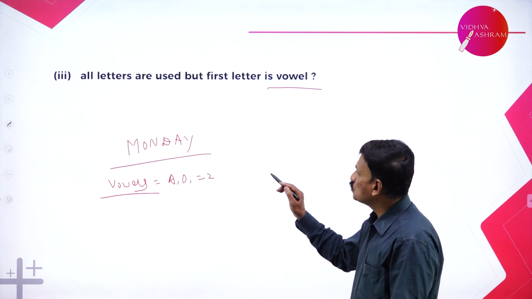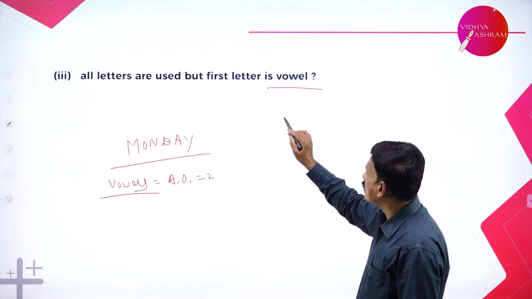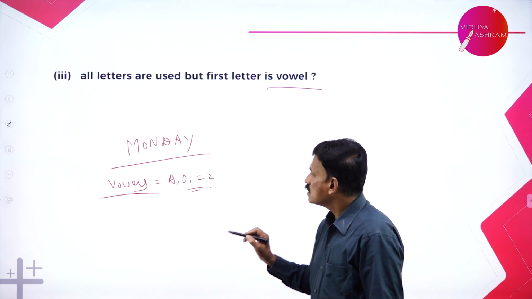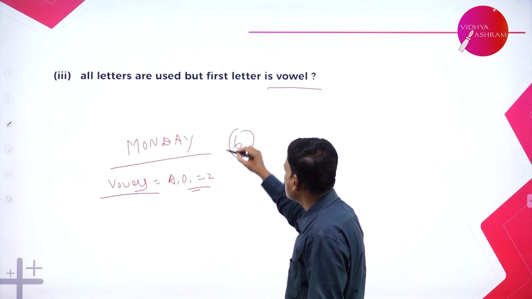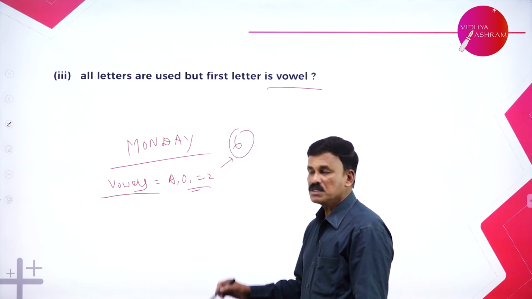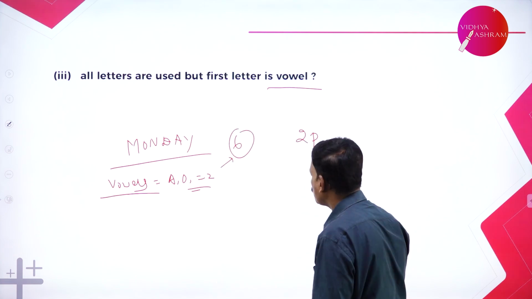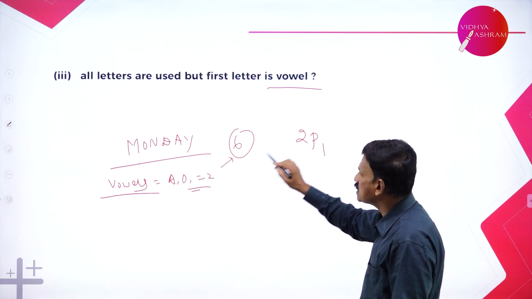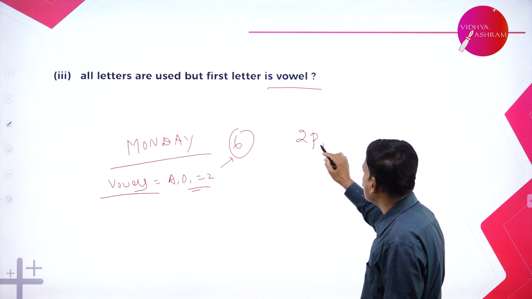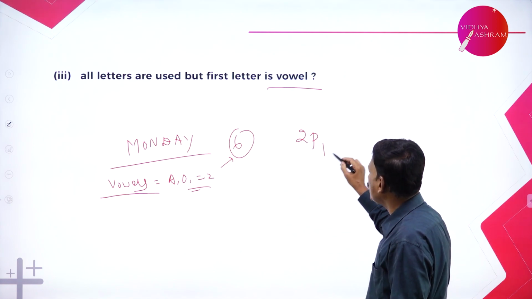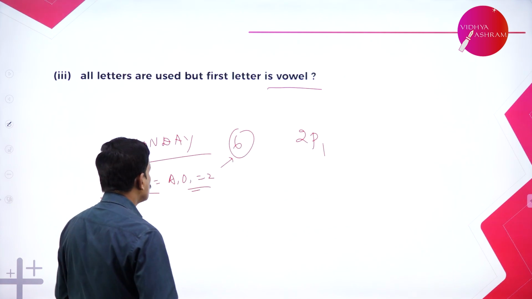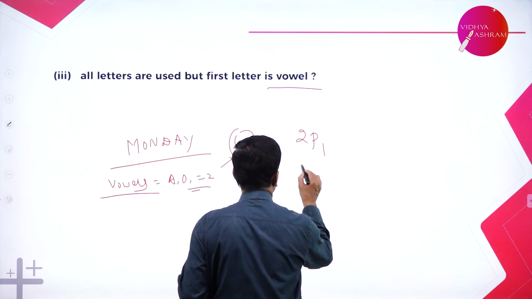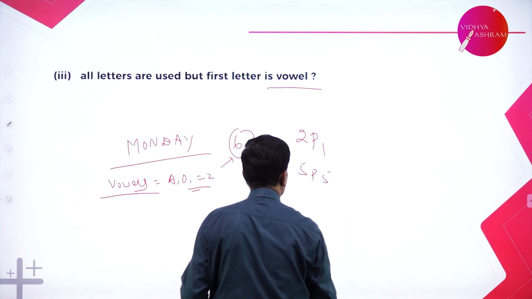Now, all the letters are used, but the first letter is a vowel. Since there are 2 vowels out of the 6 letters, the first place can be filled by 2p1 ways. And how many are remaining then? The remaining 5 places can be filled by the remaining 5 letters in 5p5 ways.